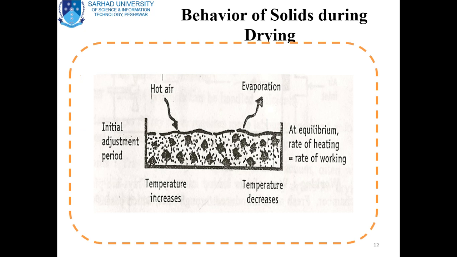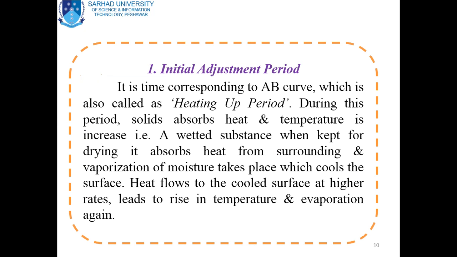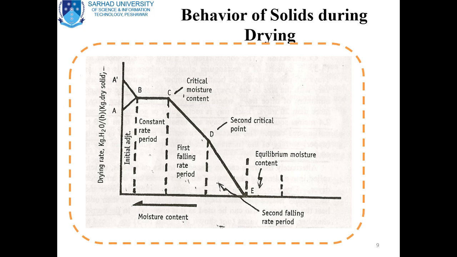If you supply heat energy, you can see the drying rate becomes constant from B to C, which is represented on the y-axis, drying rate. In this stage from point B to point C, the drying rate remains constant.